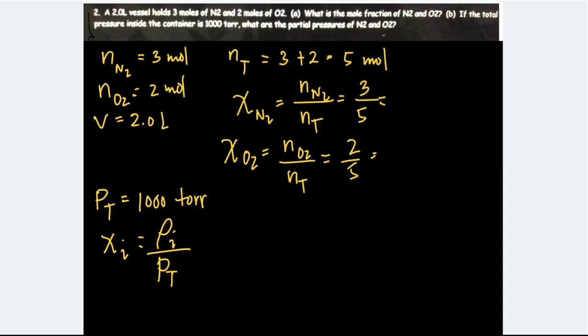We're given the mole fraction and the total pressure, so we can solve for the partial pressure of each of the gases. So for nitrogen, 3 over 5 is 0.6. And the other one, 2 over 5, is 0.4.